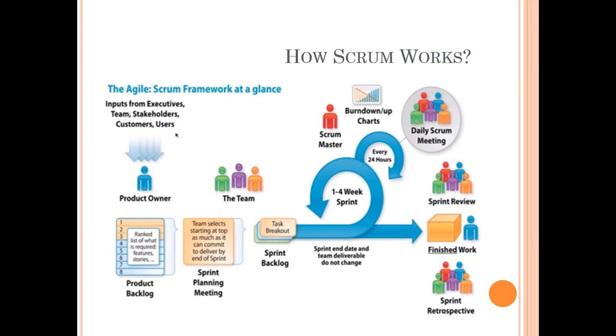So let's move to the next slide. Wow, this is the one we all work with and we are all looking forward to implementing in our environment or in our organization. The Scrum framework. Everything is defined on a single slide.